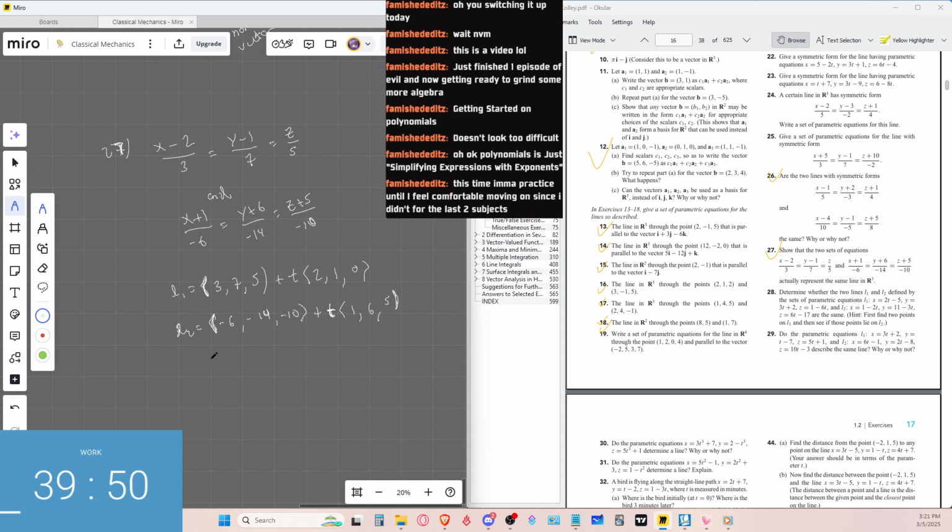Then again, if you take 2 out of there, then we are left with -3, or actually -2. If you take out -2 from there, then you're left with 3, 7, and 5, which is the original starting point. Actually represent the same line.